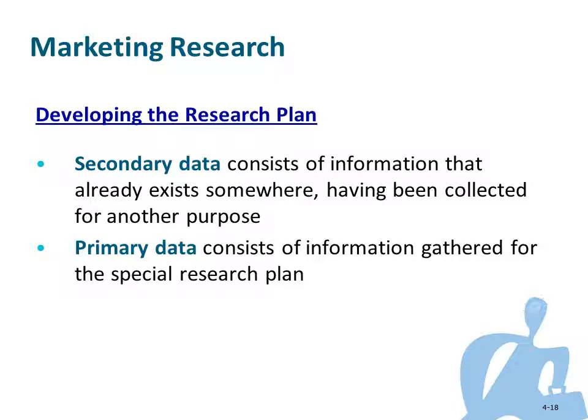To meet the manager's information needs, the researcher can gather secondary data, primary data, or both. Secondary data is information that already exists somewhere, having been collected for another purpose, but primary data consists of information collected for the specific purpose at hand.